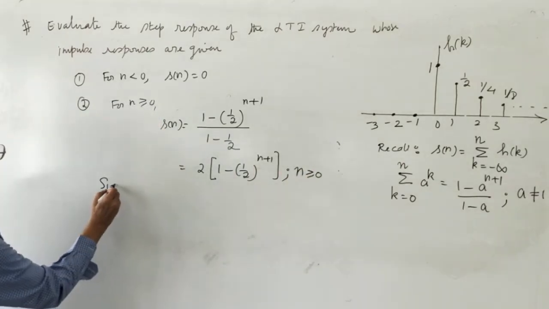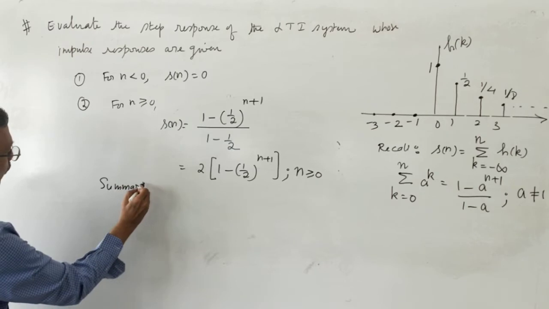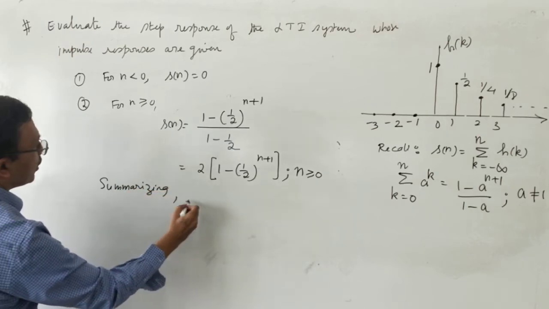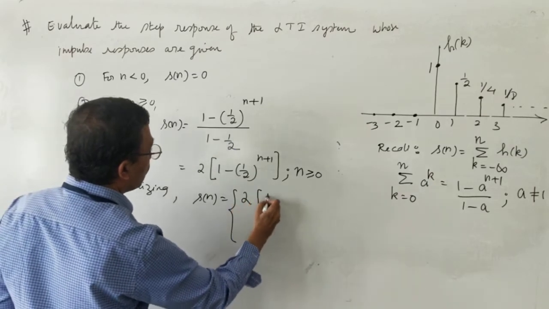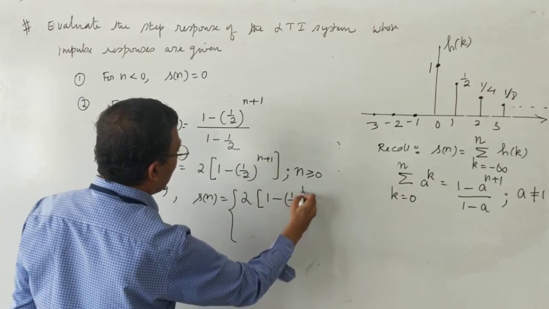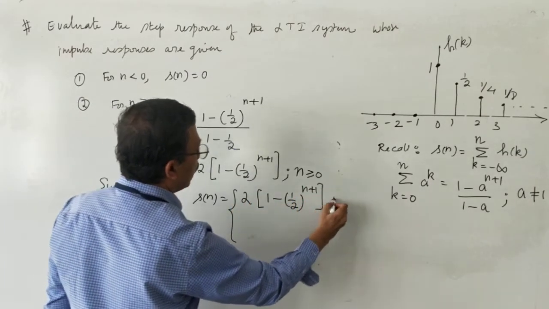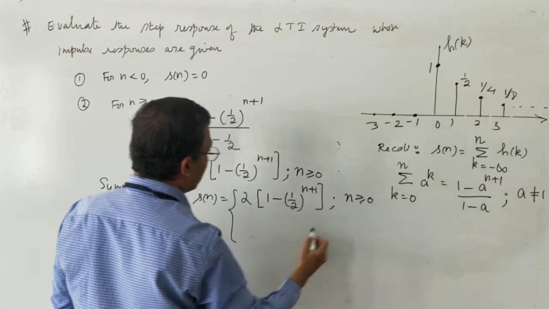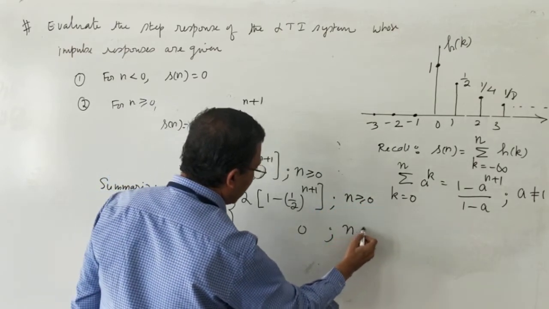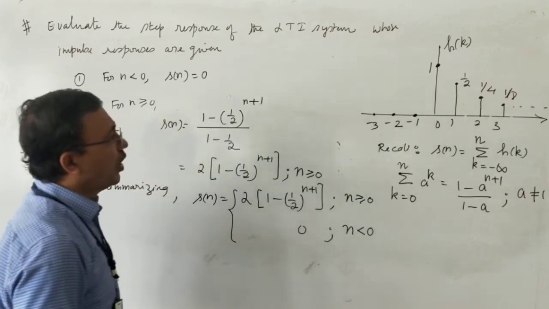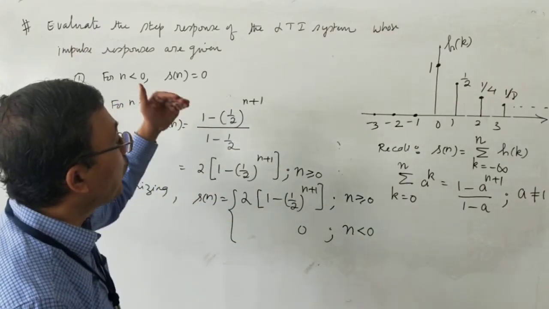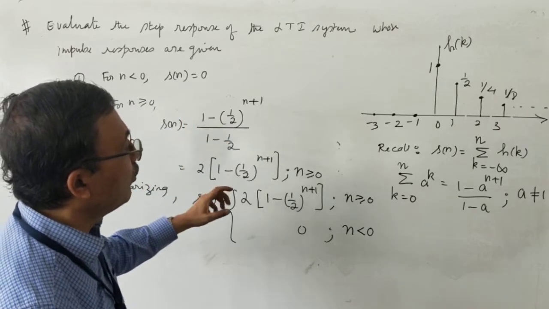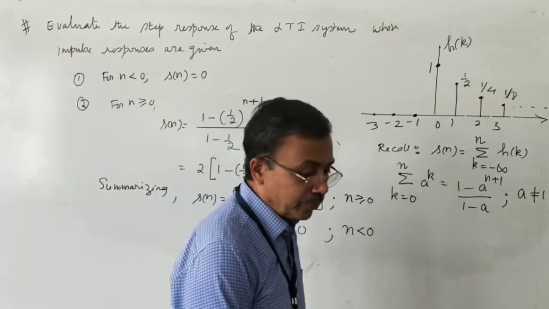Summarizing, S of n equals 2 into 1 minus half to the power n plus 1 for n greater or equal to 0, and 0 for n less than 0. This is how, given the impulse response of the system, it is possible to find step response by using this formula.